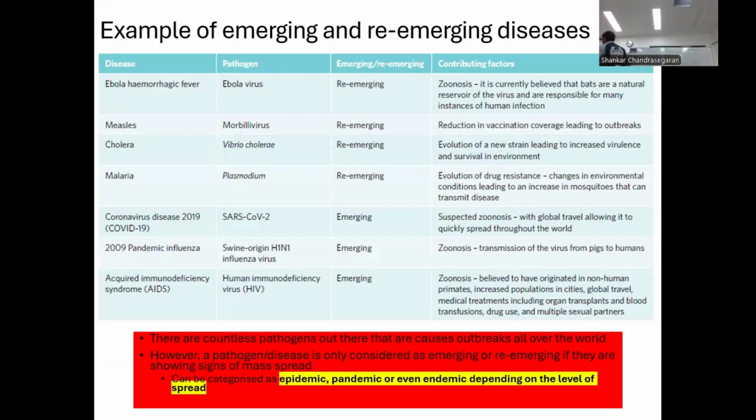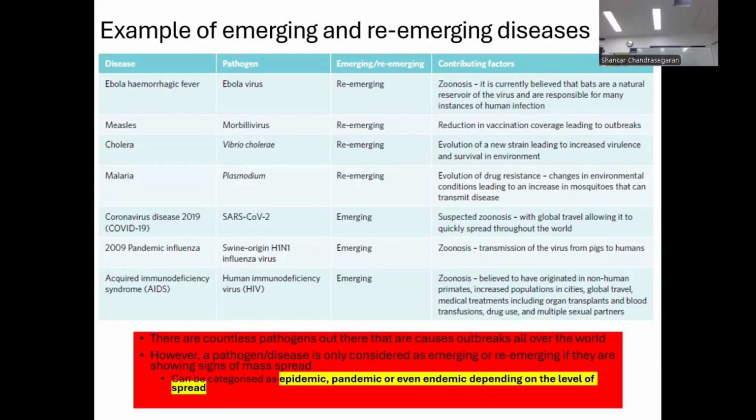Right? So examples of emerging and re-emerging diseases, you guys have probably heard of most of these: Ebola, measles, cholera, malaria, corona, 2000 pandemic influenza, and AIDS. A bunch of these you guys have heard of. Some of these have been around for a while, and they keep emerging, re-emerging, and then going down.